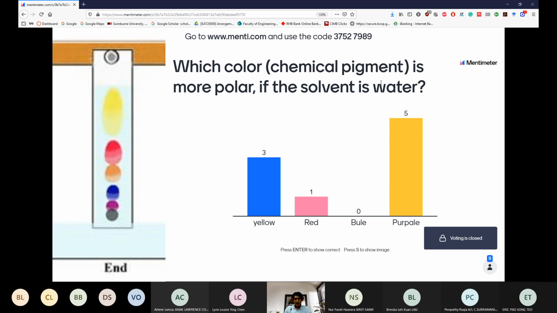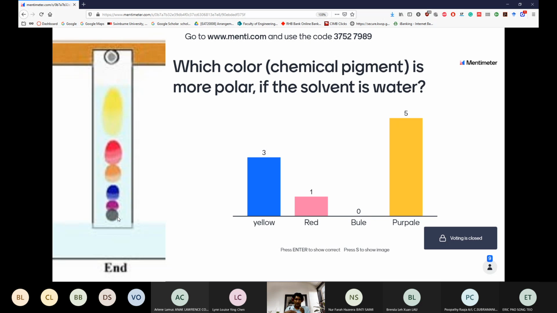Okay, so since water is polar, then the stationary phase should be non-polar, right? There is no point in putting both the stationary and mobile phase as the same polarity, the same type. If it is the same type, then it cannot separate.